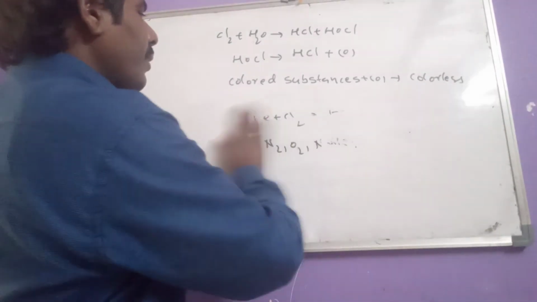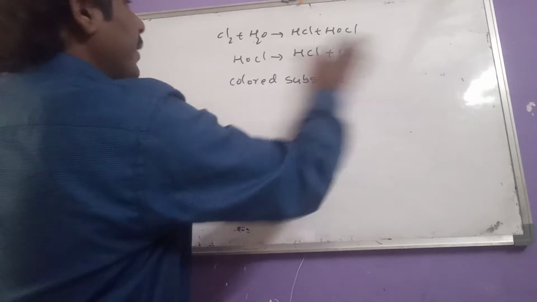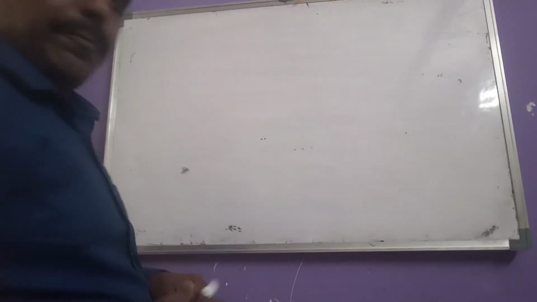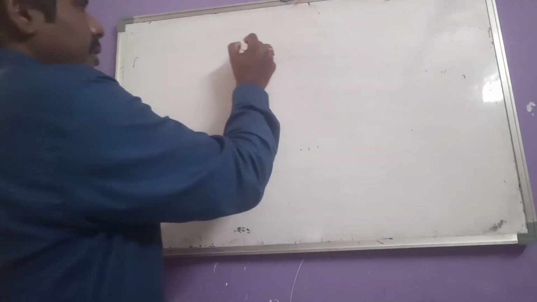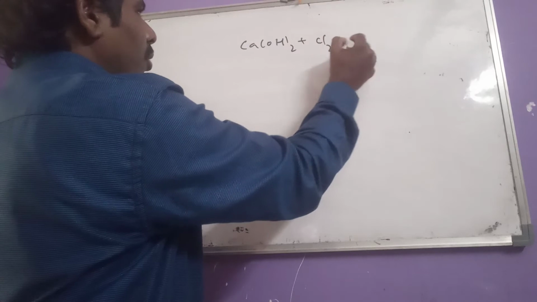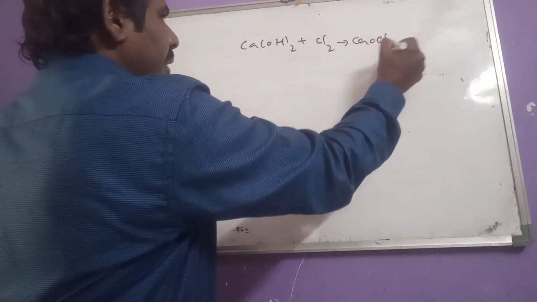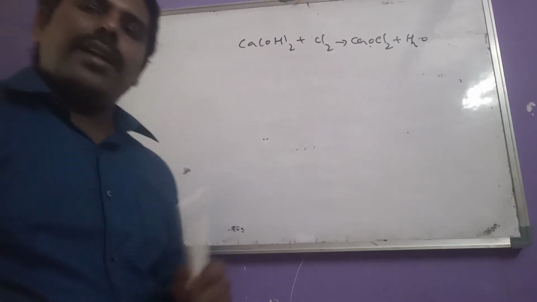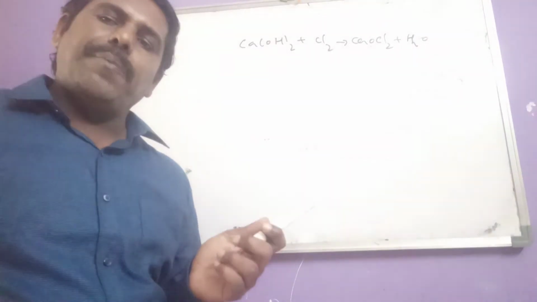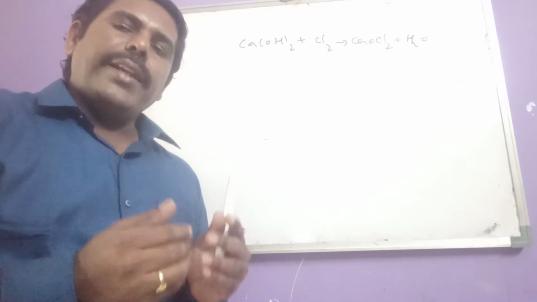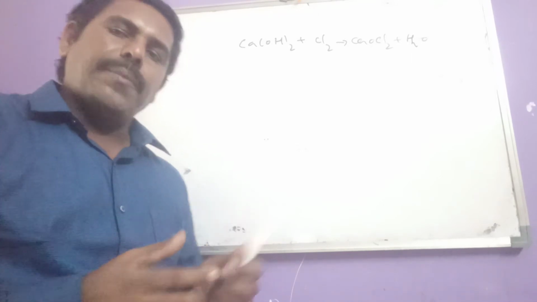Okay, then chlorine when treated with slaked lime gives bleaching powder. Ca(OH)2 plus chlorine gives CaOCl2 plus H2O. CaOCl2 is known as bleaching powder. Chlorine will also give addition products with some compounds.